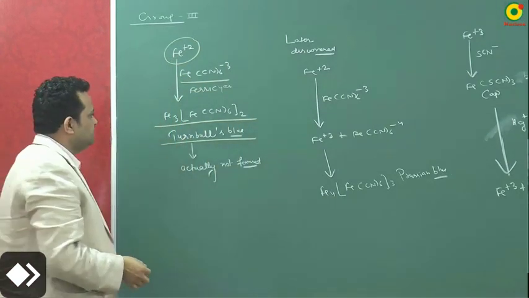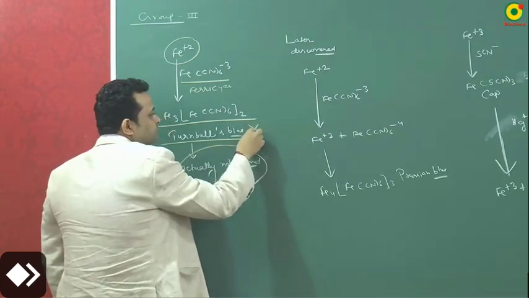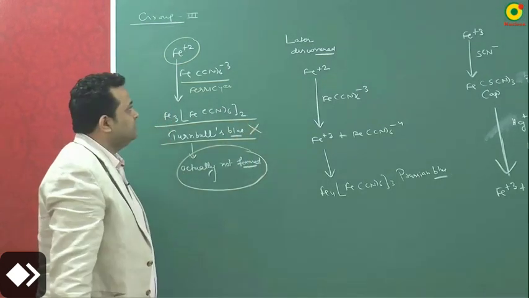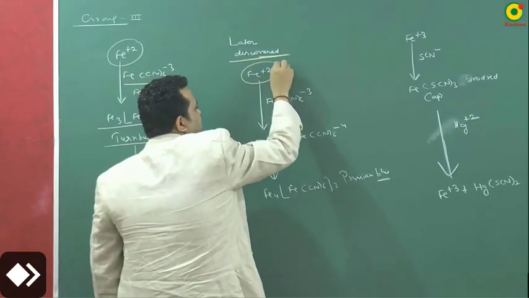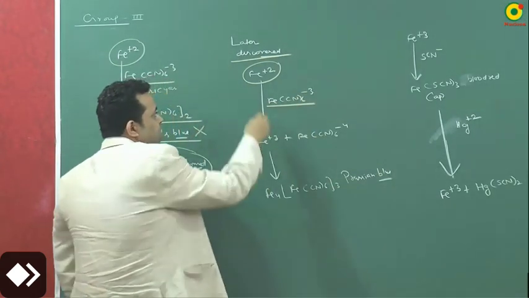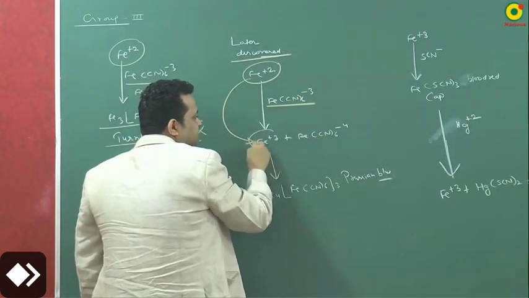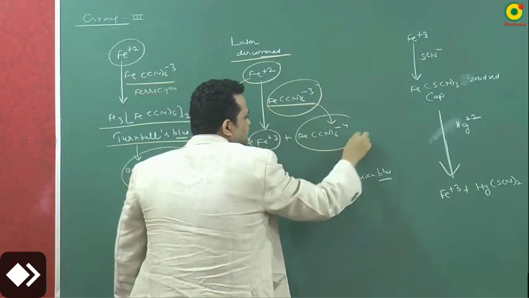But after some years, it was found that actually this compound is not formed. Instead of this, what was later discovered is that when Fe+2 reacts with [Fe(CN)6]3-, Fe+2 is oxidized into Fe+3, and this ion is reduced into [Fe(CN)6]4-.